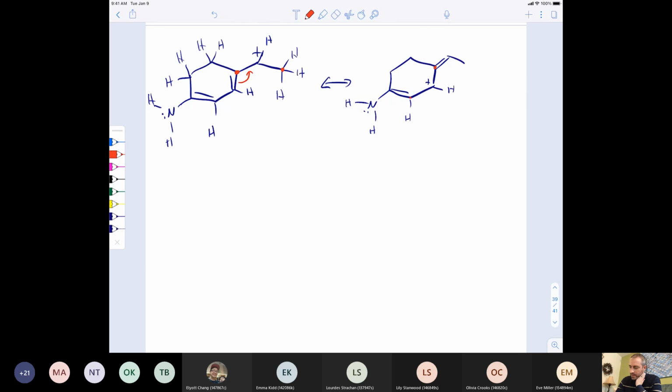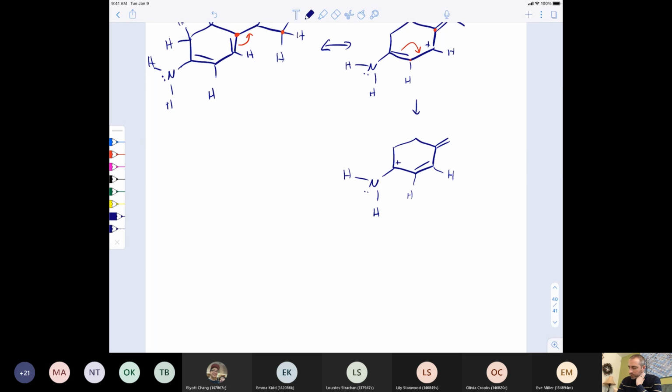But if you look on the other side, we can take that pair, and if you do that, you will have a positive charge here. And finally, if you keep going down, the nitrogen has a lone pair on it.